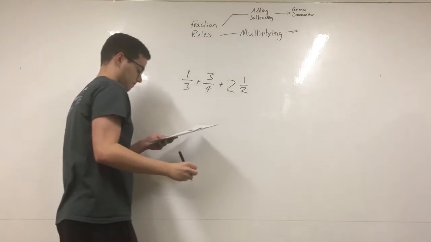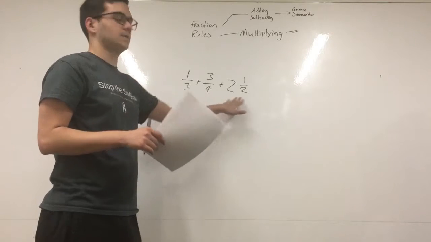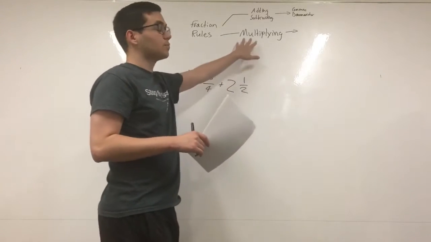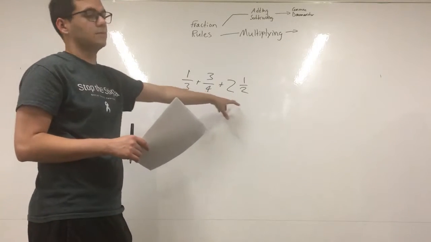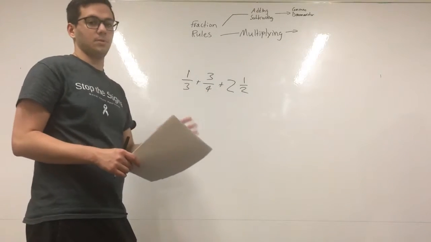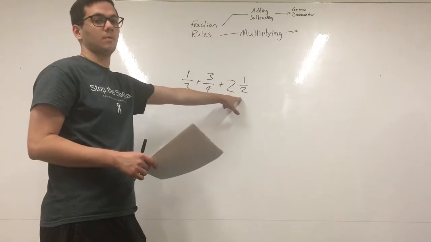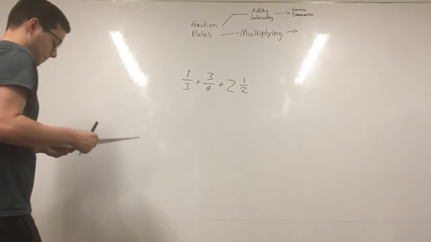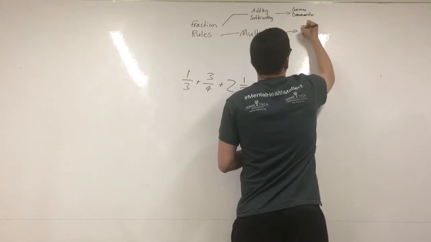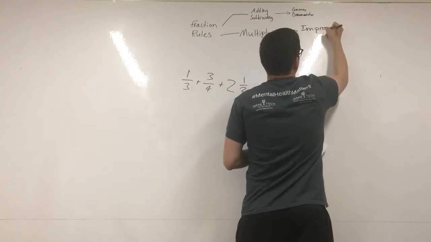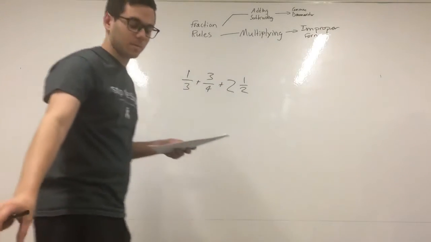I think this is it. Okay, so with this example, notice how we had some fractions and some mixed numbers. So if this were a multiplying question, you have to change any mixed number you see to improper form first. That's the first step you do. So if this was multiplying, the first thing I'd do is change this to improper form. Alright, so that's the only rule for multiplying. You need to have your fractions in improper form.